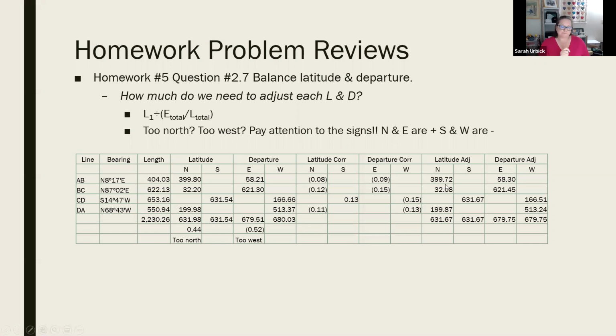Okay. East and west go the same way. We are too far west, so we need to shift everything more to the east. So we add our correction at this point. Here we've got a western departure, so we need to move it further east. So we have to subtract out from that value, and so we subtract our correction value.